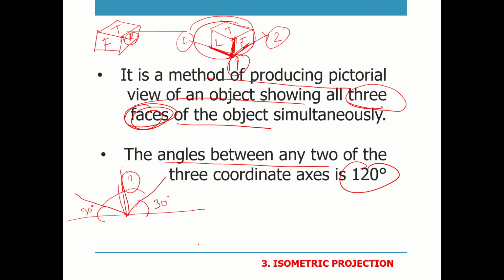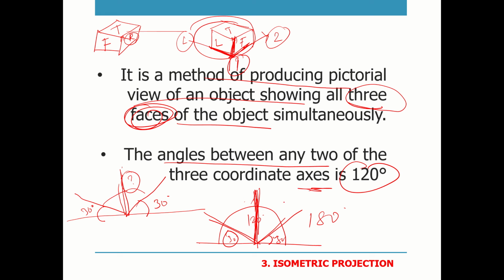So 120, 60 on either side. Yes, this is 180 degrees. What we are doing is removing 30 degrees and 30 degrees here. This is 120 degrees. Fine. So the angle between this line and this line should be 30 degrees, and between this line and this line should be 30 degrees.